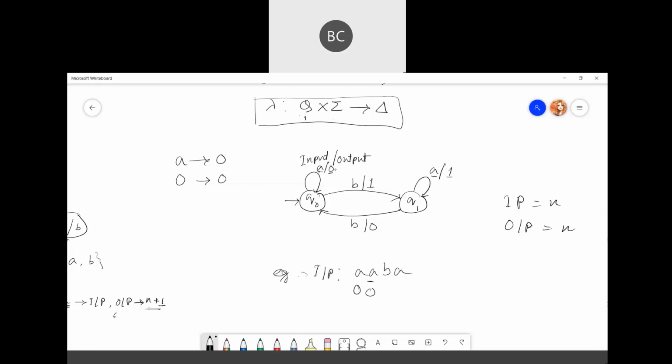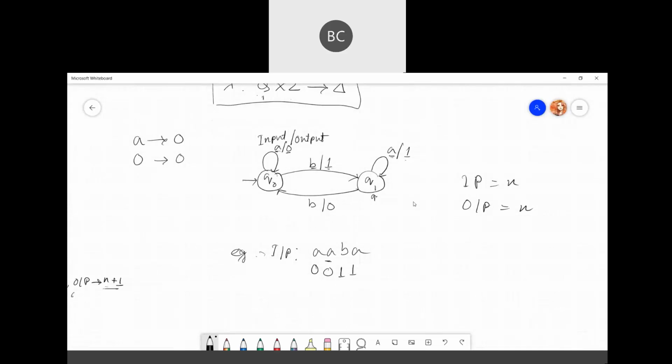For input B, it is going to state Q1, but your output is 1. Next, you are taking input A. After taking B, you are at Q1, right? So from Q1, if you take A, it's coming back to Q1 again, but output is 1. So there are the same number of outputs, because here output is associated with input. Therefore, if there are 5 inputs, there will be 5 outputs.